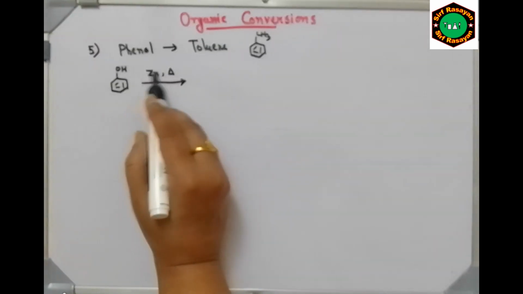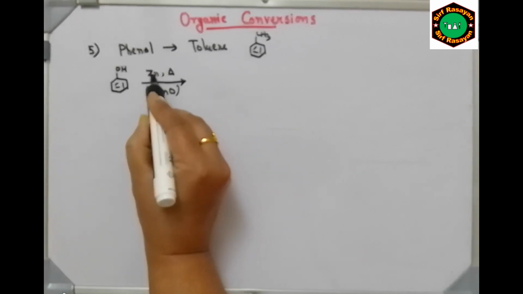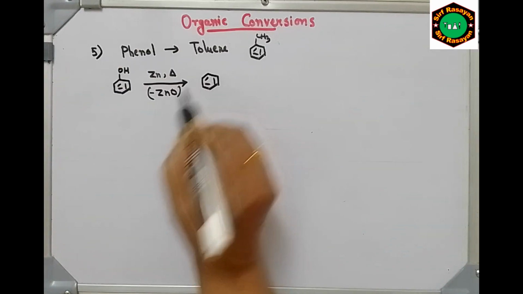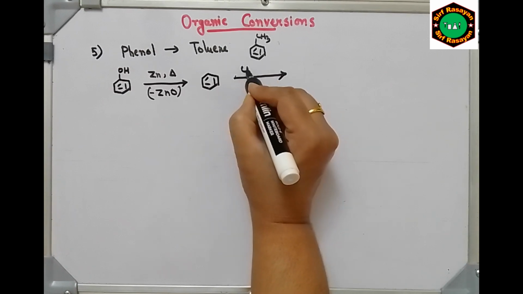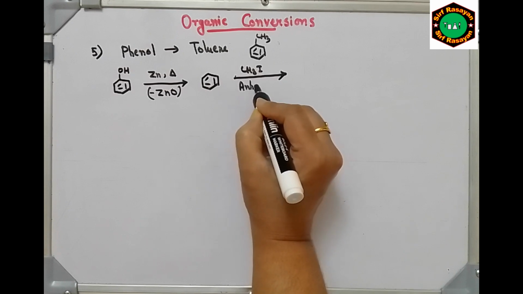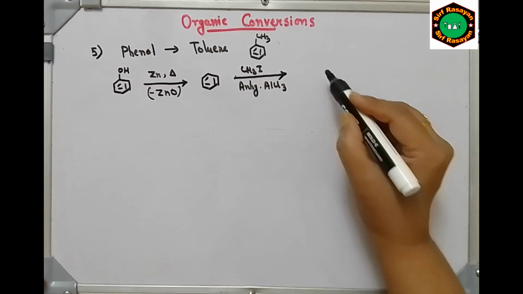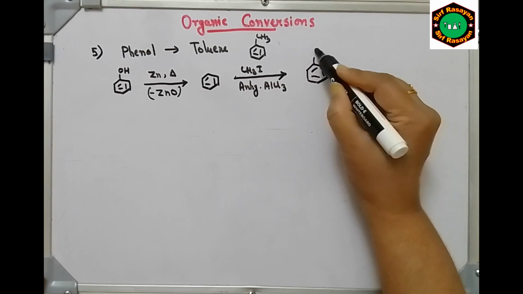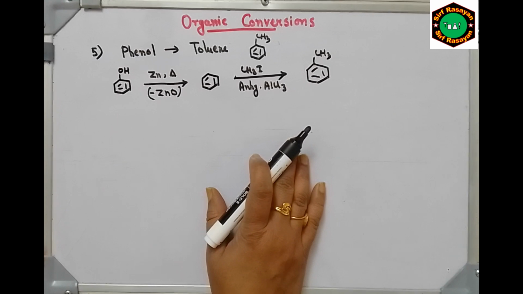By removal of zinc oxide, reduction will take place. You will get benzene. Now if you do Friedel-Crafts alkylation using CH3I and anhydrous aluminium chloride, anhydrous is very important, you will get toluene, one carbon atom extra. This is toluene. All those are from board questions only.